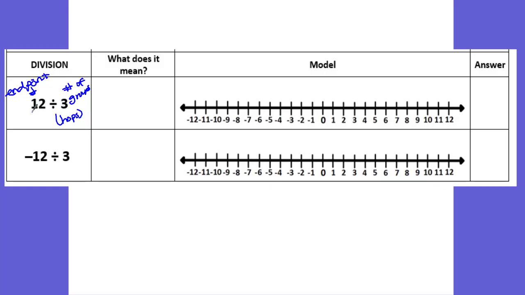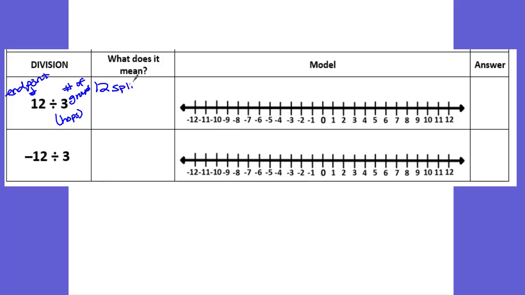So what are we looking for? We're looking for the size of our groups, or the size of our jumps. Okay, so what does it mean? It means that we're taking our 12 positive, and we're going to divide it, to split it.